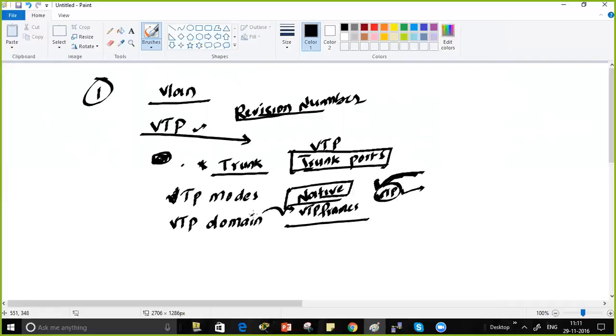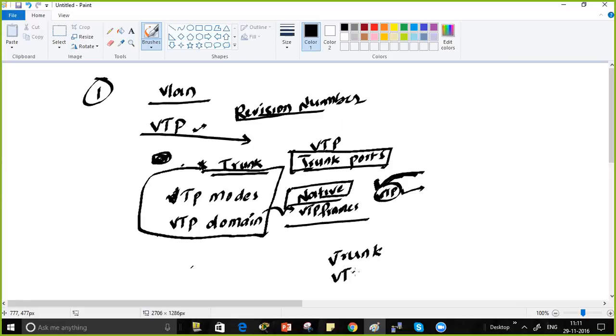After configuring these three on the server switch, you have to configure the client switches: trunk, VTP mode client, after that VTP domain name. You don't require the VTP domain here, okay? If you configure the VTP domain in the server, it will reflect into the client mode.